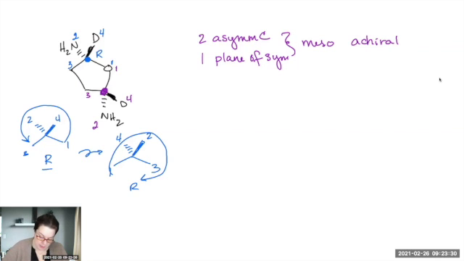So I'm going to draw that off to the side where I have 4 on the wedge, 2 on the dash, 3, and 1. Okay, lowest priority group in the front. So we can do the opposite rules, which would mean 1 to 2 to 3. Normal rules would say that's R, so that means it is S.